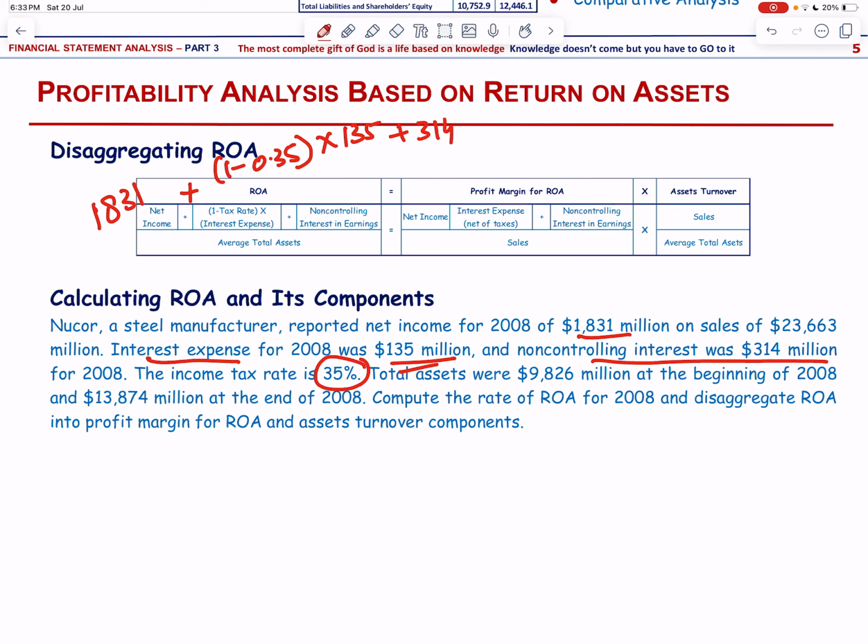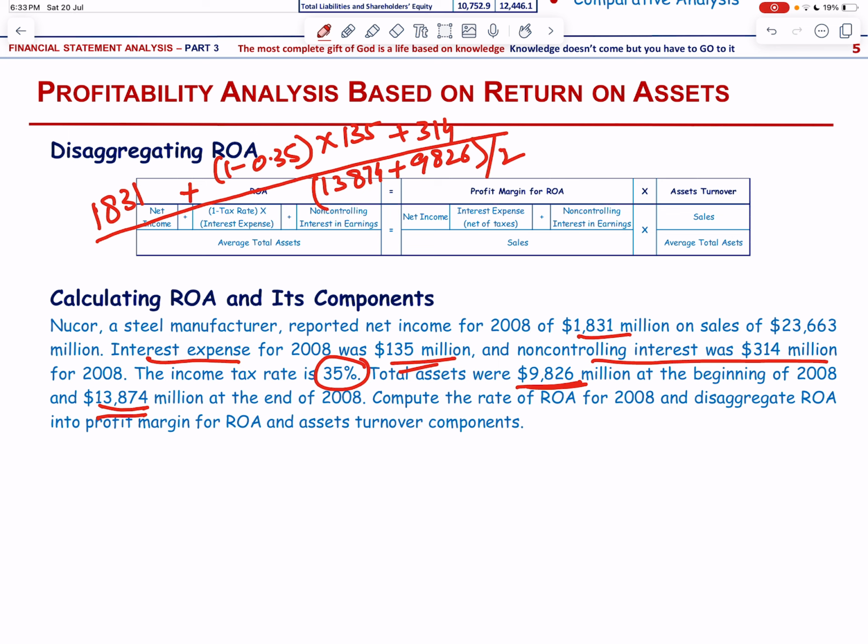This will be divided by the average total assets, and the assets at the beginning are 9,826 and at the end it is 13,874. So 13,874 plus 9,826, and this will be divided by 2 to determine the average.